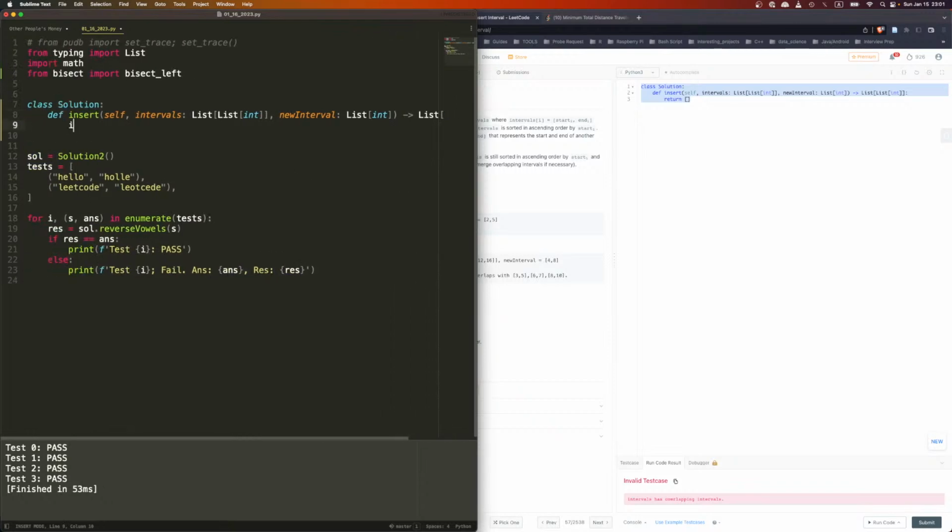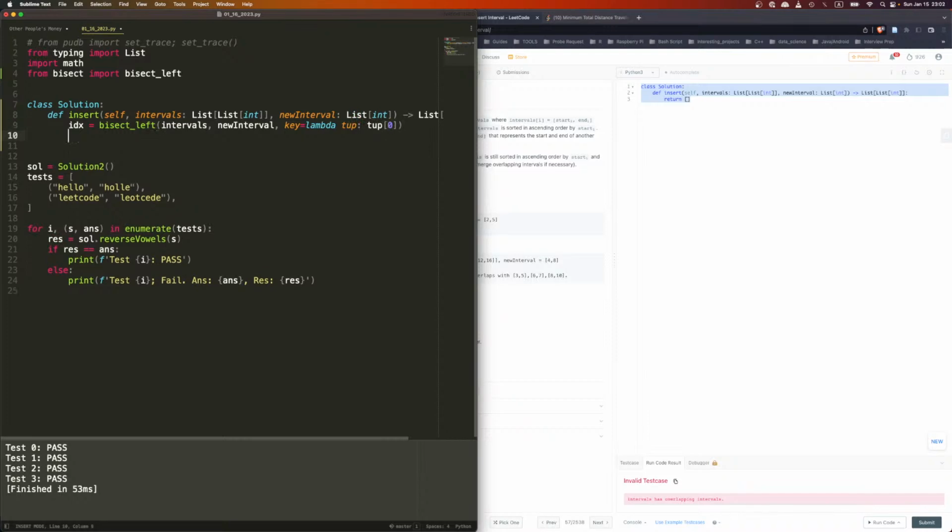So we need an index equals bisect_left of intervals and new interval, and the key equals a lambda, basically a tuple's element 0. Okay, so we get an index.